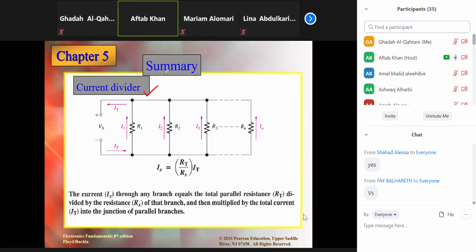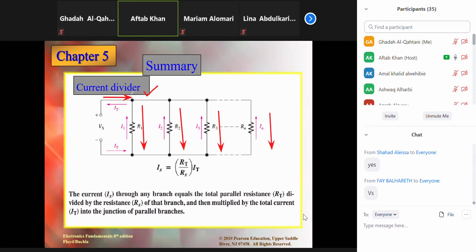Okay, one more thing. I always assume the current direction, that is, if this is a battery, I assume that the current is coming like that. When it reaches here, it will split. So I assume this direction because in my book which I studied, it is like that. But here in this book, they are showing differently. Okay, no problem. Both are the same thing.